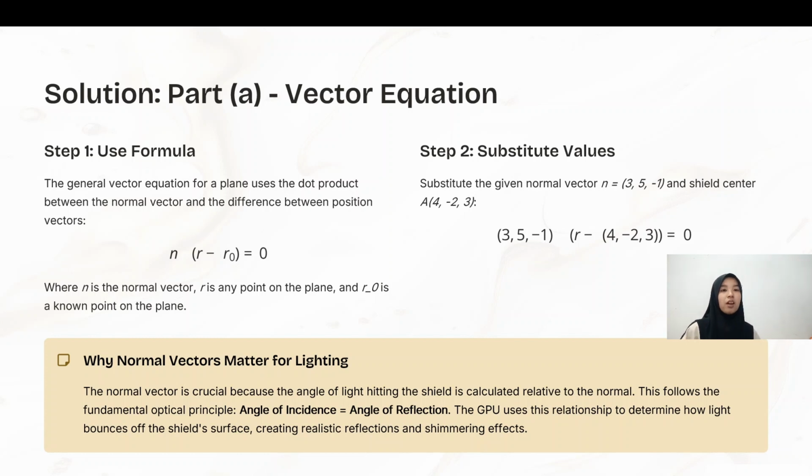So the normal vector is used to make the reflection on the shield. When we see the normal vector, we can measure the angle of the reflection of the laser. It also helps the designer to make shimmering effects, or maybe a spark near the laser or the attack.